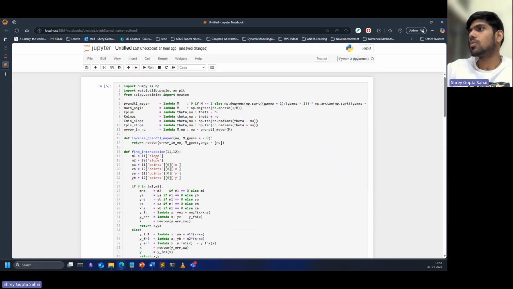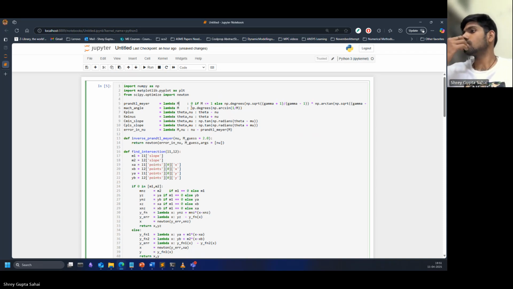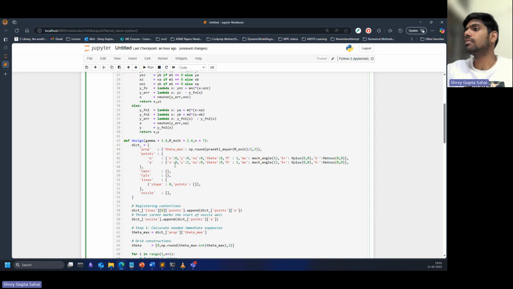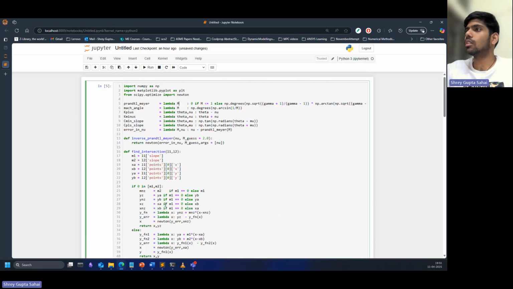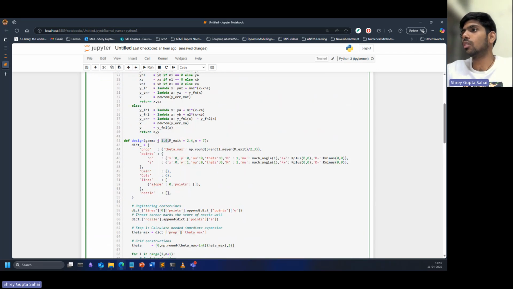Okay, so actually I should give gamma. Maybe I can give gamma as a global variable. Let me give gamma as a local global variable.